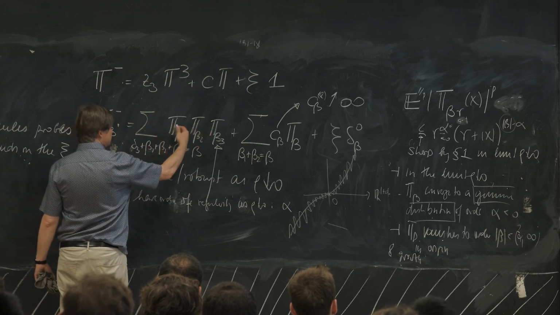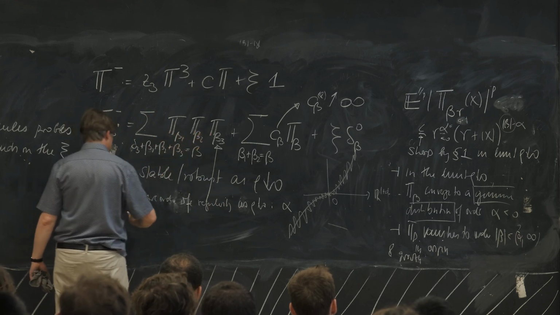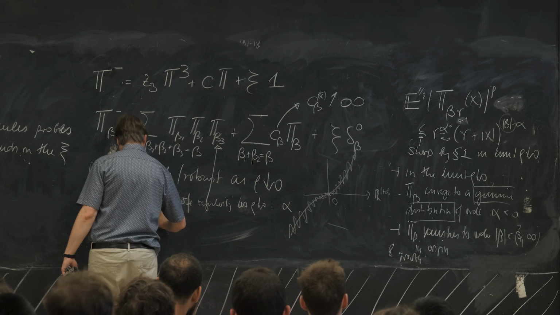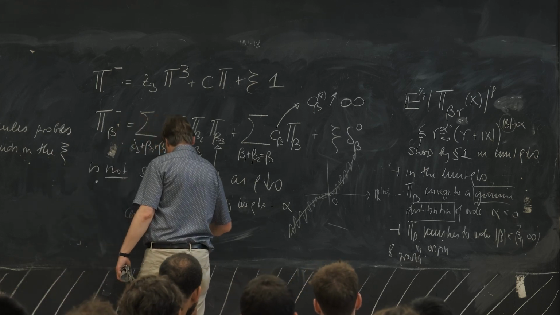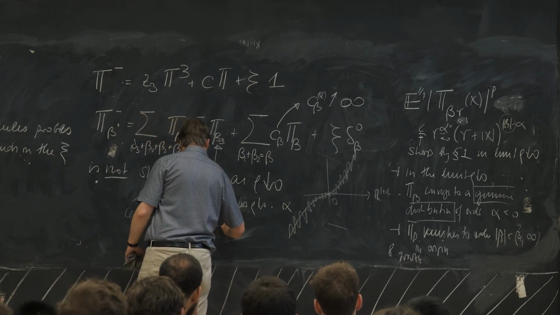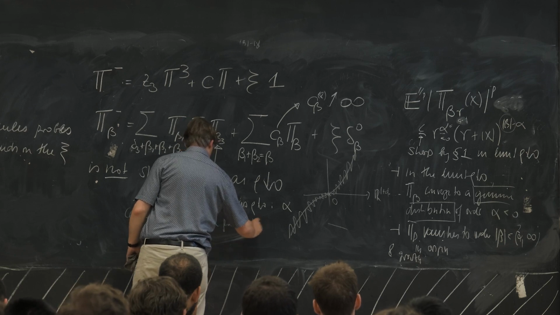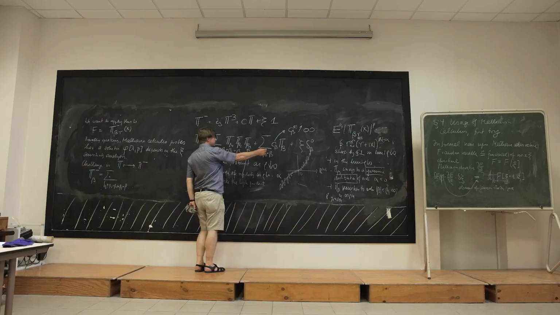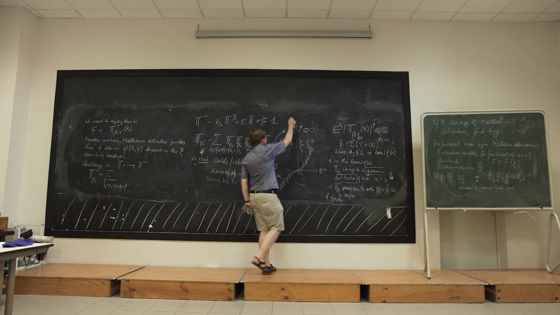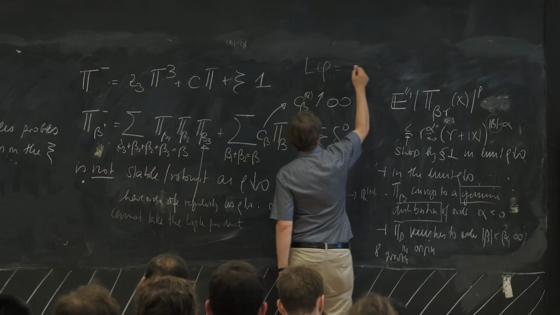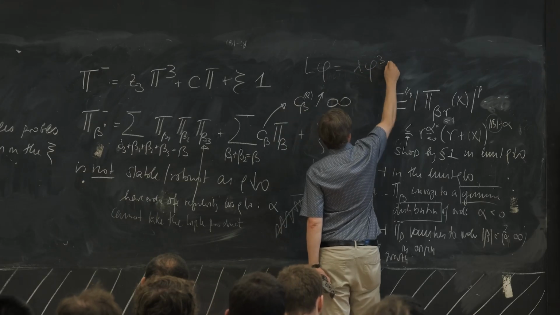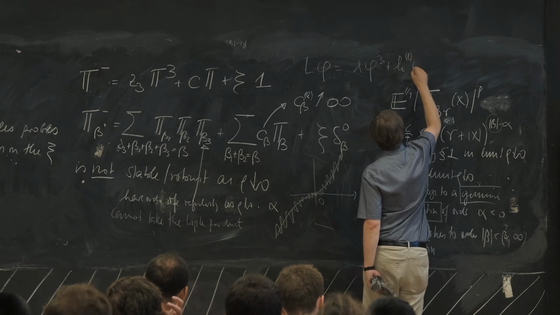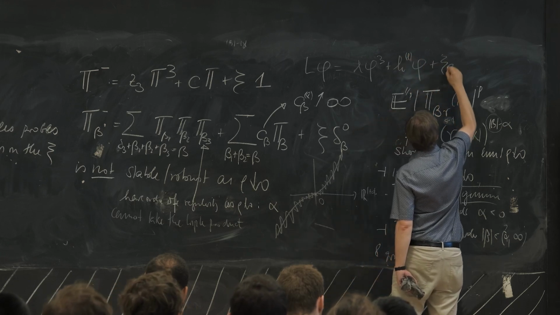So that means I cannot take the product. So I still have the same problem. And of course, these two problems communicate with each other like they did for the original PDE. Right?